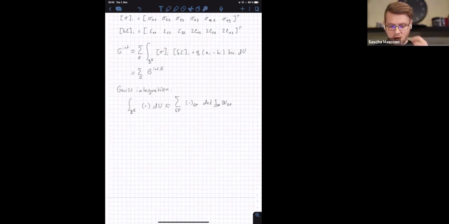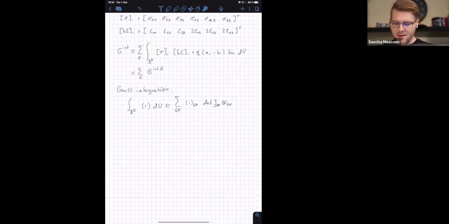And the idea is to approximate this integral over an element's domain by the sum over a certain set of integration points. Also with respect to the discussion that we had last week. So I introduce here the word Gauss integration, and this is due to the specific integration or quadrature points that we use, which are based on the Gauss-Legendre scheme.